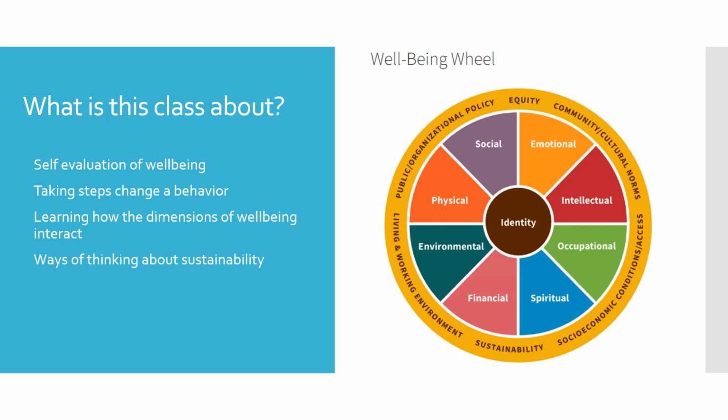We're going to hopefully see how these all interact. And then, because this is an essential studies class, we're going to talk about sustainability, have a sustainability lesson throughout the semester, and then do an activity related to food sustainability.